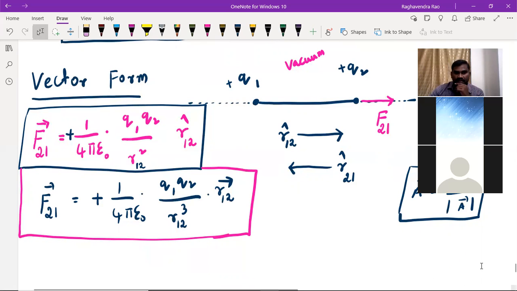Right. This is R12 cap, R12 square, R12 bar, R12 cube. That also we should remember. We should identify very clearly: this is a unit vector, this is a vector.